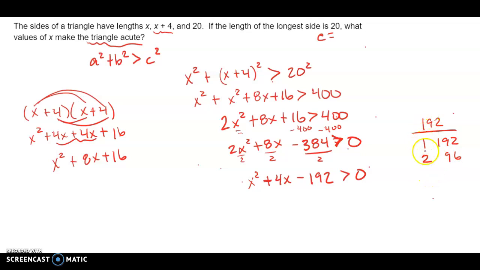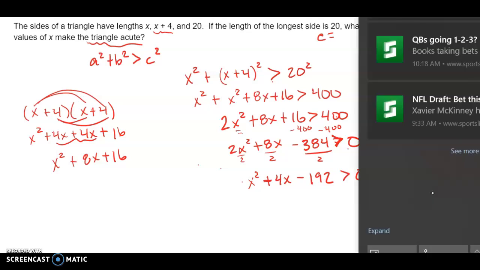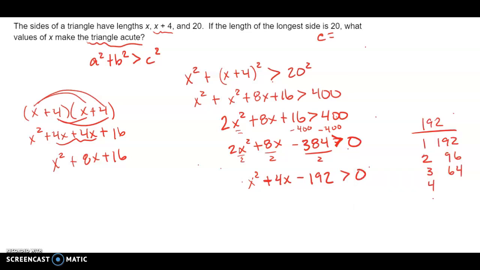3 goes into 192 64 times. No difference of 4 there. 4 goes into 192 48 times.